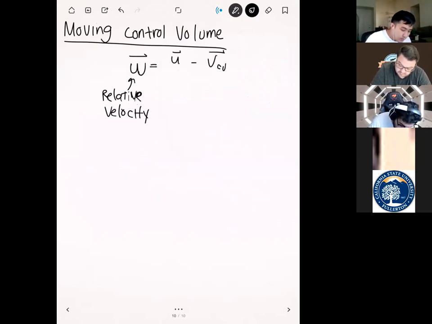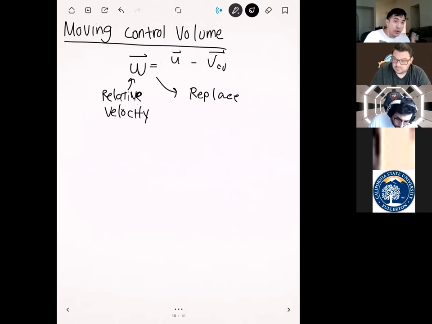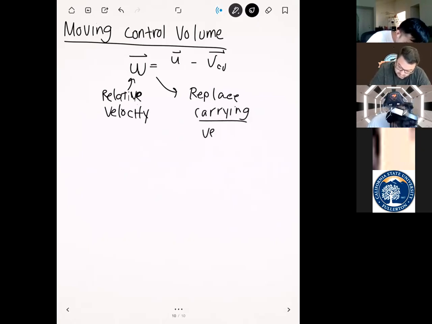And we're going to replace our carrying velocities with these. So we're not going to replace the component velocities. We're just going to replace the carrying velocities. And so our expression is going to look like this.